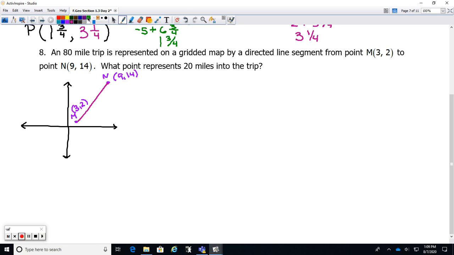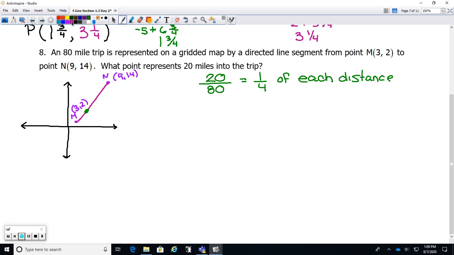Well, if this whole thing is 80, 20 miles is not that far into it. So 20 miles out of the total, remember we refer to the total always, is going to be represented as 1/4. So we're going 1/4 of each distance. Which is, yep, that looks about 1/4-ish.